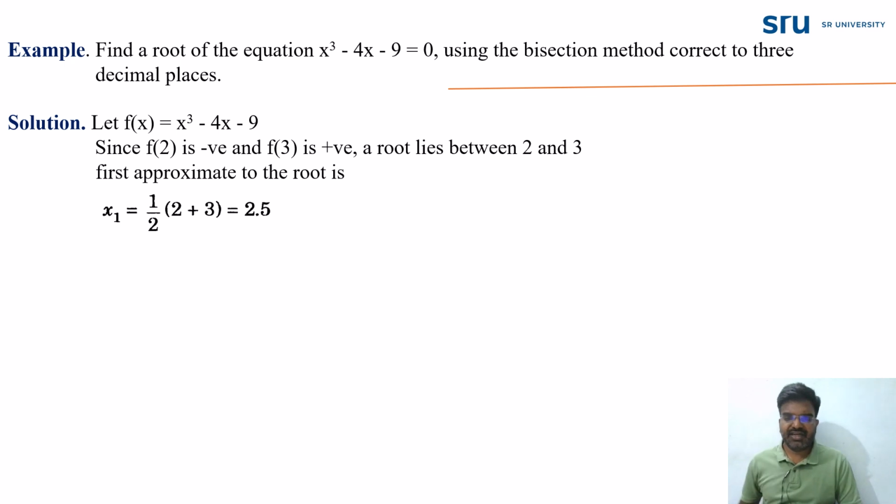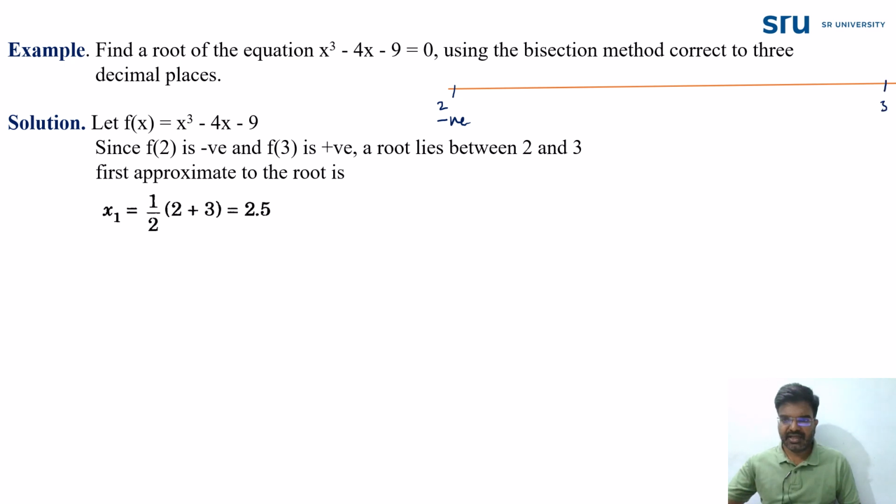Already we have verified that the function is negative at 2 and positive at 3. So the root of the function lies in between 2 and 3. For my convenience, I am taking the number line here. At 2, it is negative.